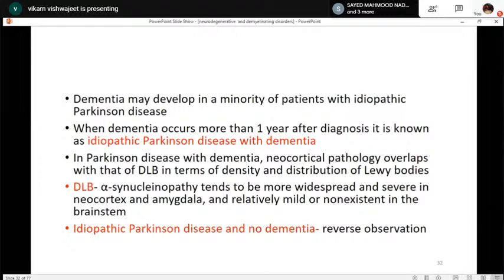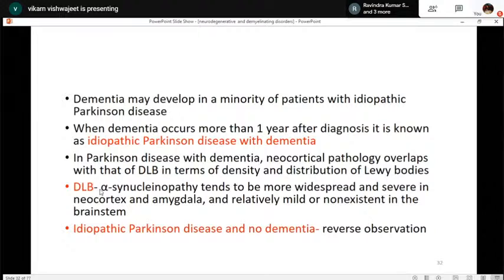Dementia may develop in a minority of patients with idiopathic Parkinson's disease. The development of dementia correlates with the occurrence of Lewy bodies in the cortical area. So here there is some overlap between dementia with Lewy bodies and idiopathic Parkinson's disease. When dementia occurs more than 1 year after diagnosis, it is known as idiopathic Parkinson's disease with dementia, and in this disorder the Lewy bodies are seen in cortical areas as well.